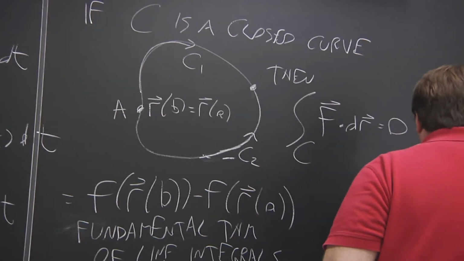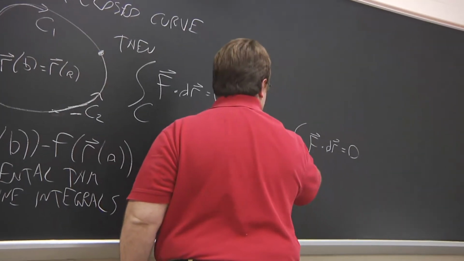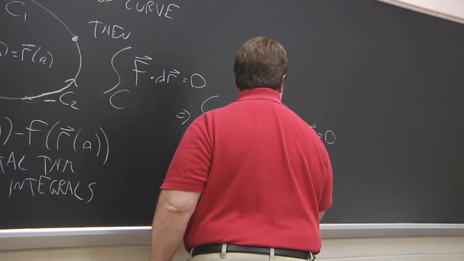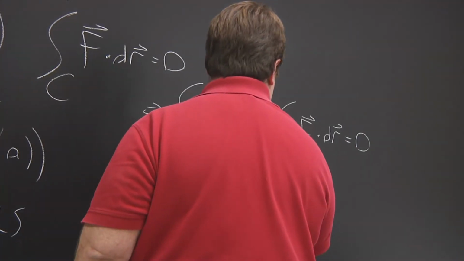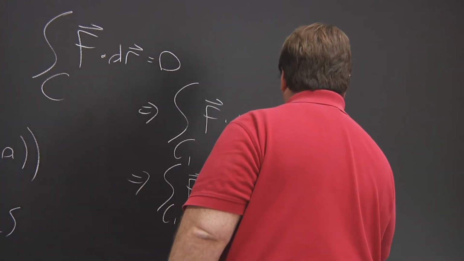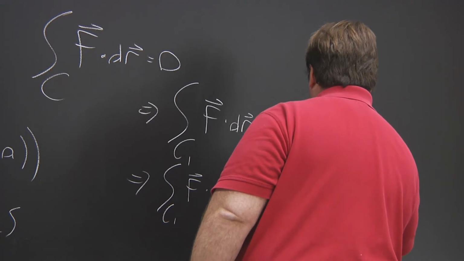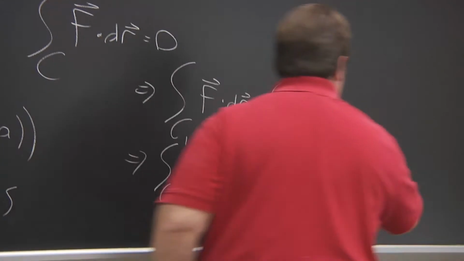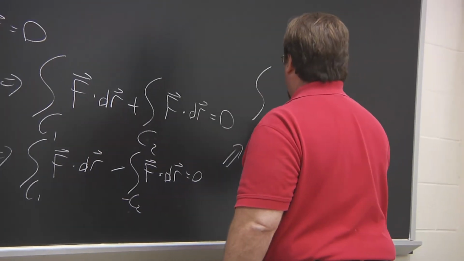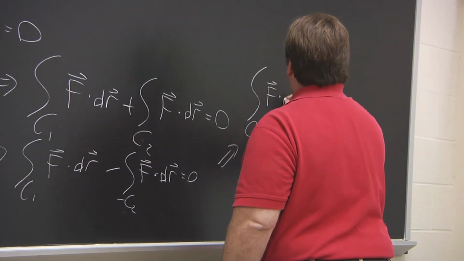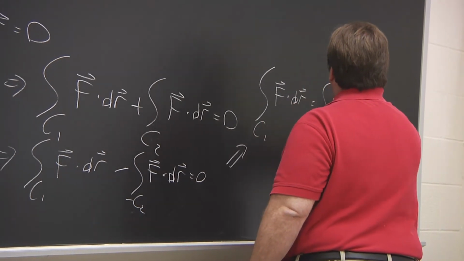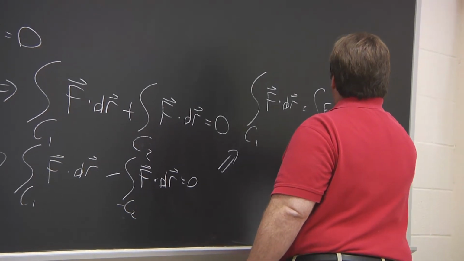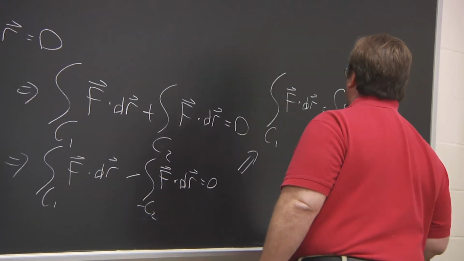Once I change the orientation and use minus C2 instead, that changes the sign of the integral, so this plus becomes a minus. Now this is 0, so the integral over C1 is equal to the line integral over minus C2. They're not both equal to 0, but they're equal to each other.